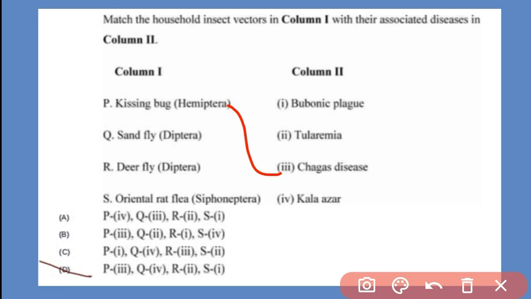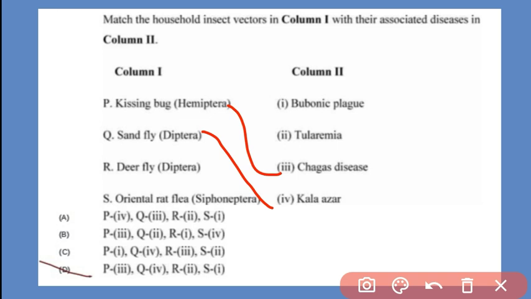Then the sandfly, Diptera. This causes Kala Azar or leishmaniasis. Kala Azar or leishmaniasis are a group of diseases caused by protozoan parasites like Leishmania. These parasites are transmitted to humans by the bite of an infected female phlebotomine sandfly. Then the deer fly, Diptera.